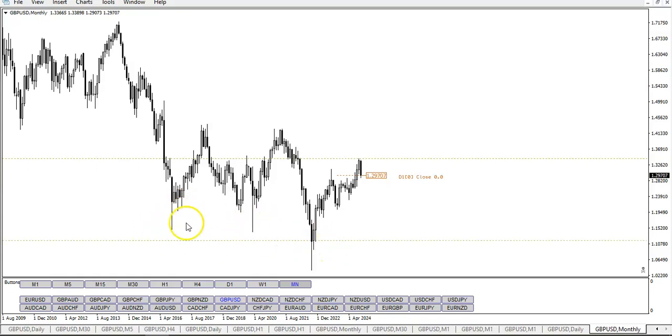But if this started to come down here, I'd also keep this level in mind, because you can see we had these wicks that came down, and what happened the last time it hit that area? It broke through, but then it turned, and when it crossed back up, it took off. So that's what I would look for.